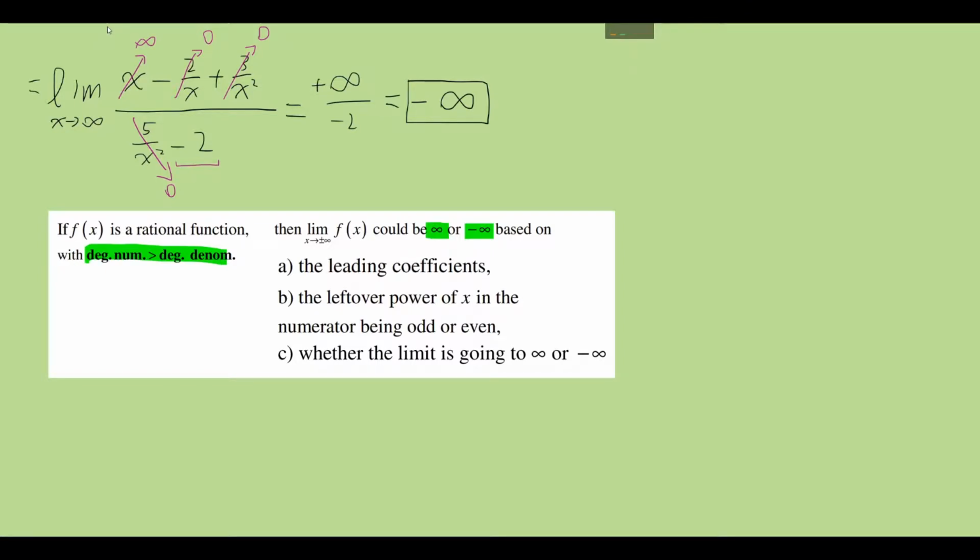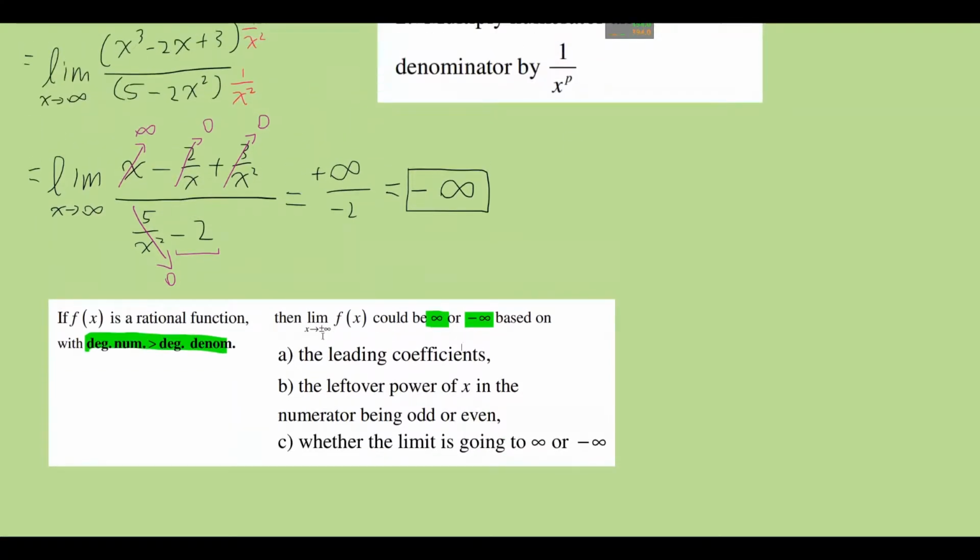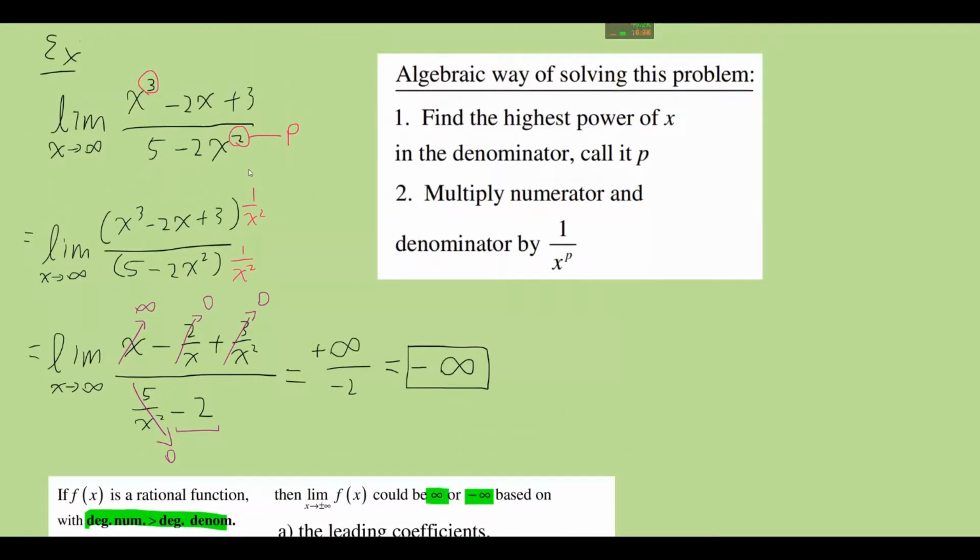So if the leading coefficient is positive in the numerator and in the denominator, then it's going to be positive. In this case, the leading coefficient of the numerator is positive 1, and the denominator is negative. So positive over negative will give us a negative infinity. And in this case, x is approaching positive infinity. So a positive number to the third power is still a positive number, and a positive number to the second power is also a positive number.